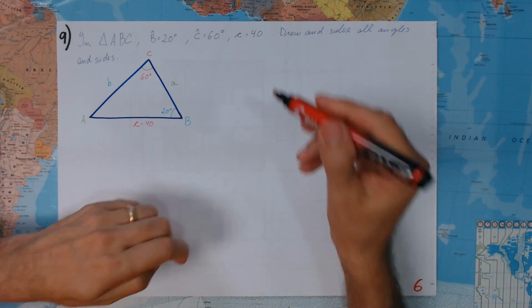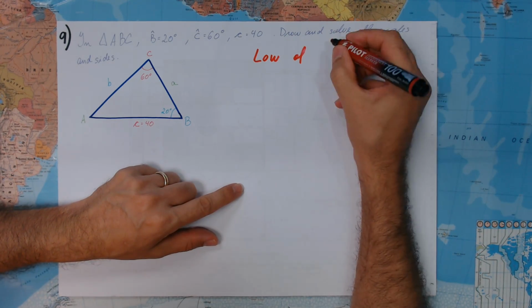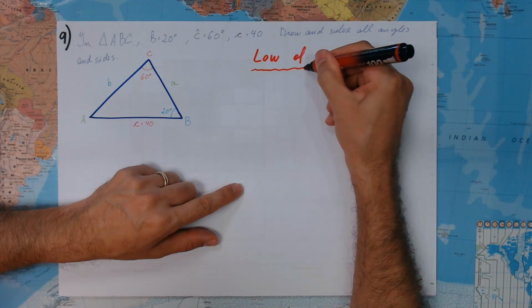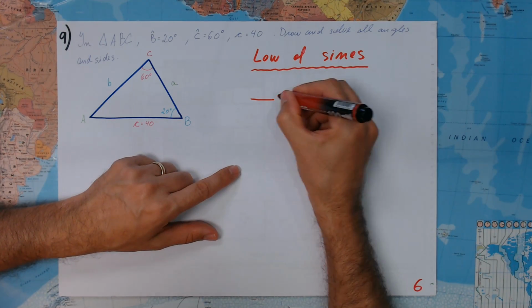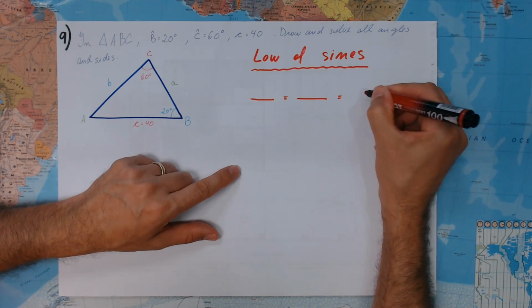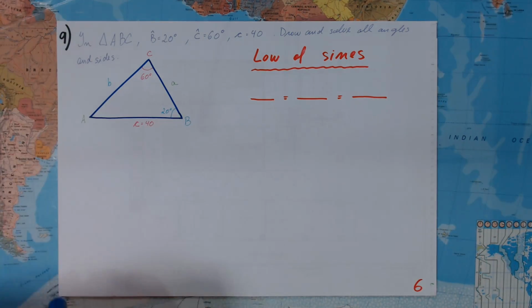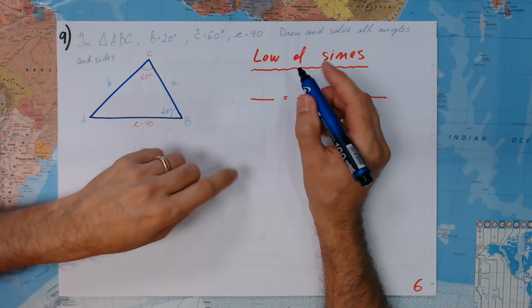Now let's just analyze the law of sines. What does it say? Equals, equals, equals. The law of sines states that, and I can put sine under or below, it doesn't matter, okay?